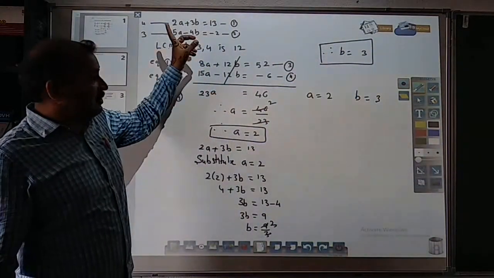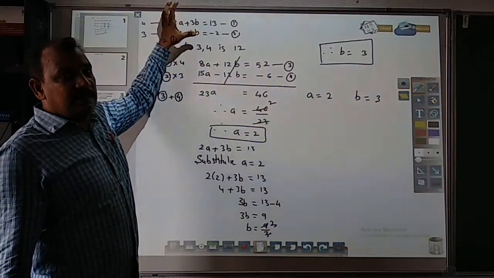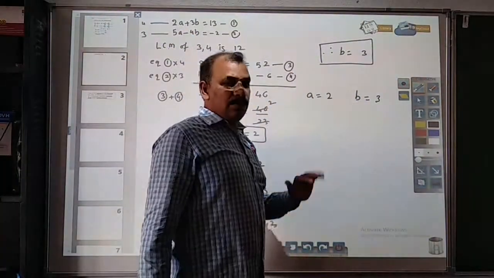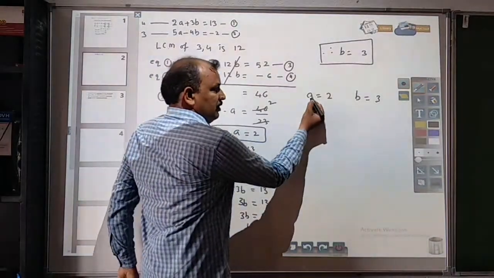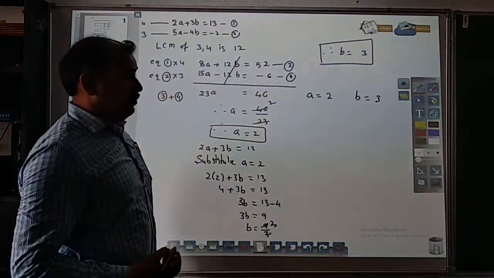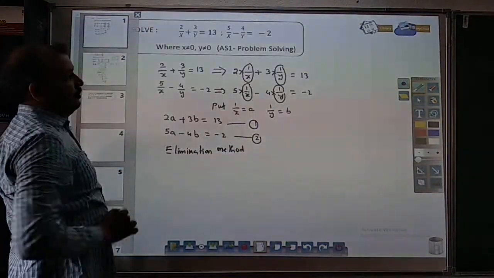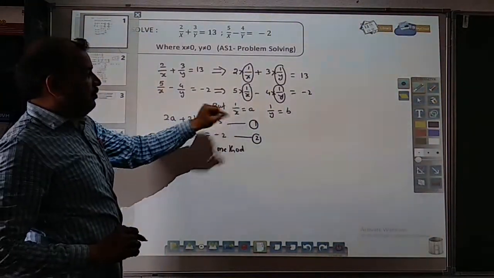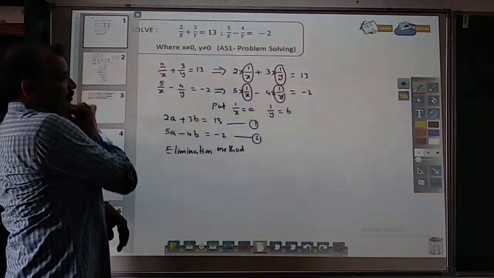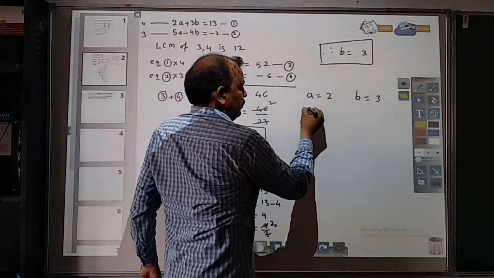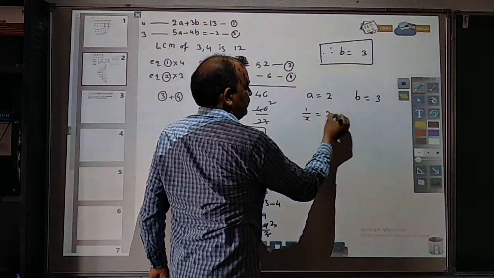But the given equations are in variables x, y. Again, these two are converted into x, y. Already we know that a is equal to 1 by x, so 1 by x is equal to 2.